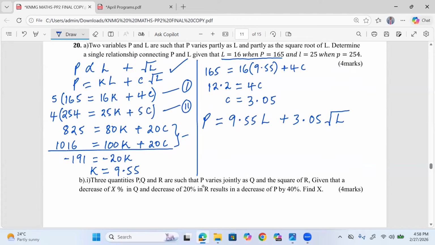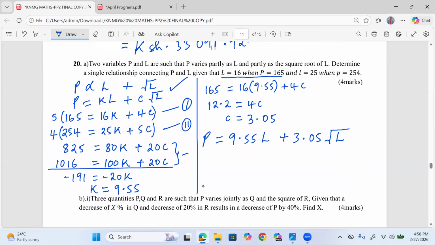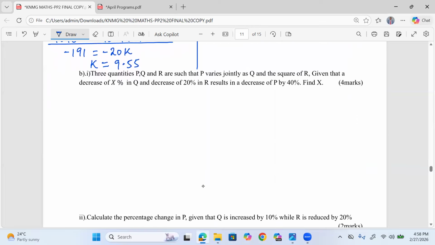You see that? So that is on partial variations. We check at B of this.